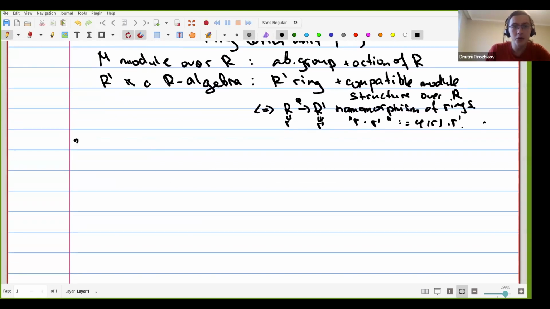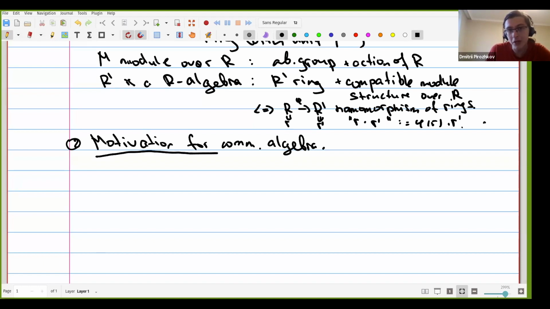And what I want to do is to somewhat motivate why we see something like this if we try to think about algebraic geometry or just something geometric. So it's motivation for commutative algebra. This won't be very formal. It's just some explanation for why these objects have something to do with geometry.